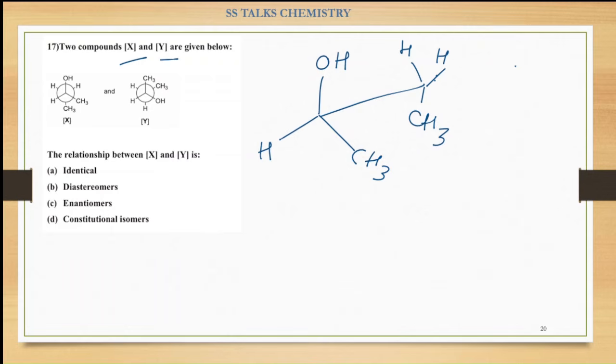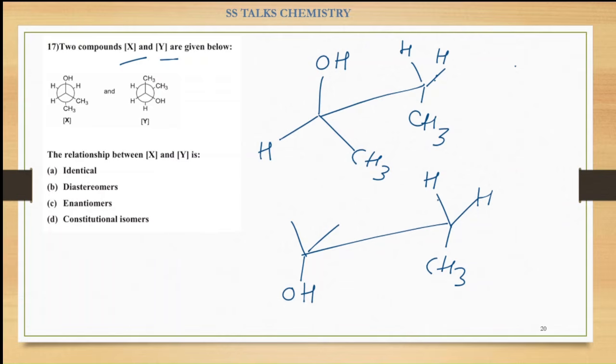To convert it into the Fischer projection, I want the eclipsed conformation of it. For that, I am doing a 180 degrees rotation around this center. Here will be hydrogen and hydrogen only, and here the 180 degrees inversion has been done. Here the OH group will come, here you will see the hydrogen atom, and here the methyl.